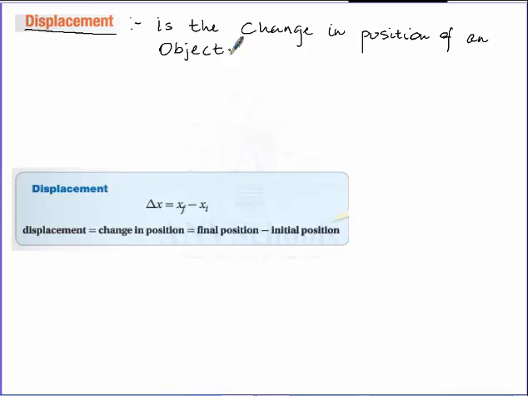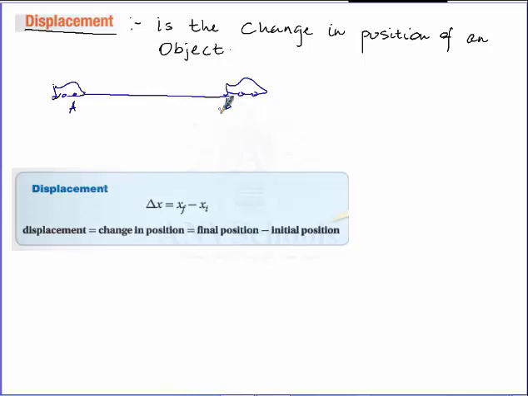For example, if we have a car or a train or any moving object which was initially at this point, and this car moves forward from point A to point B, we say that the object is moving.